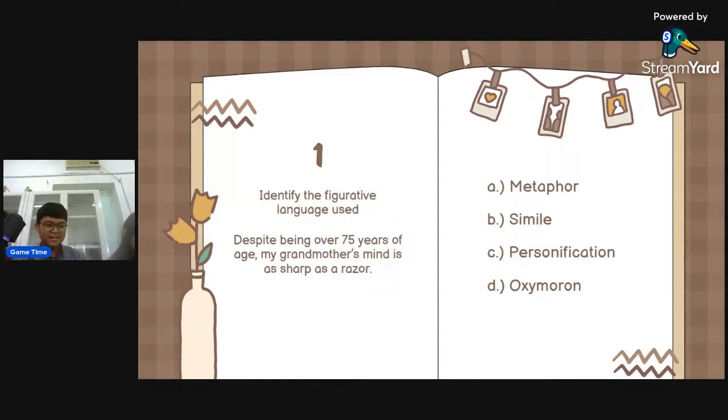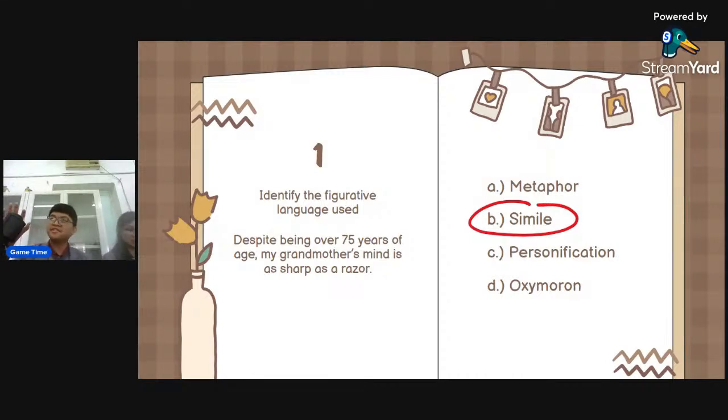Oh, Sir Ivan is here. Okay, so a lot have been answering A. Let's see if that's the correct answer. The answer would be B, simile. Why? Because it has "as sharp as a razor."